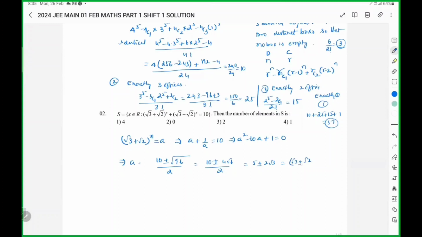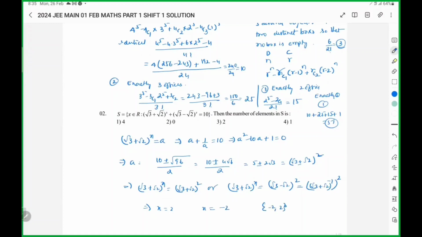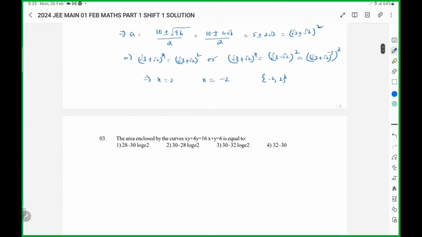It is (root 3 plus or minus root 2) whole square. So (root 3 plus root 2) power x is (root 3 plus root 2) whole square, or (root 3 plus root 2) power x is (root 3 plus root 2) power minus 2. Here x value is 2, and here you can write power minus 1, so x value is minus 2. There are 2 solutions.